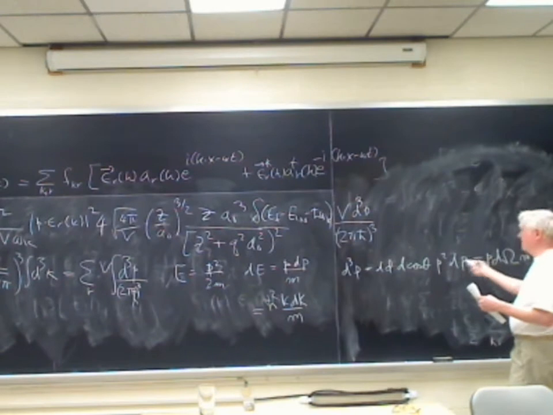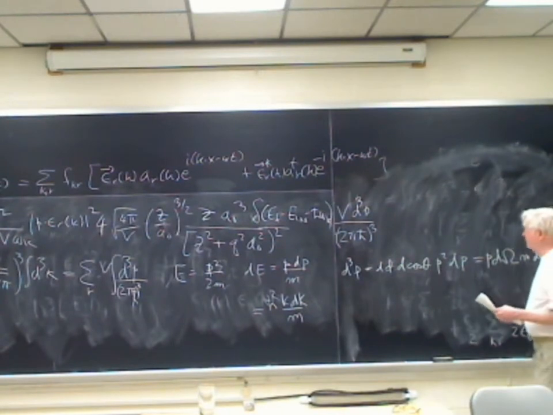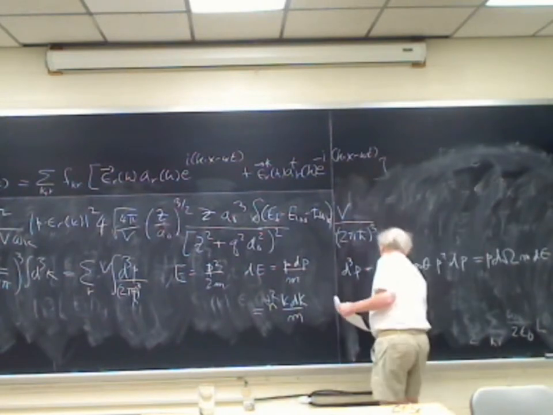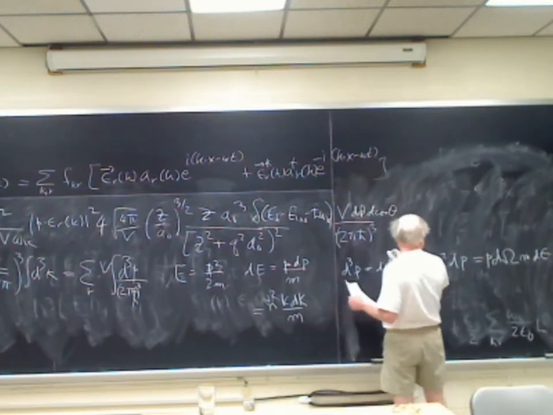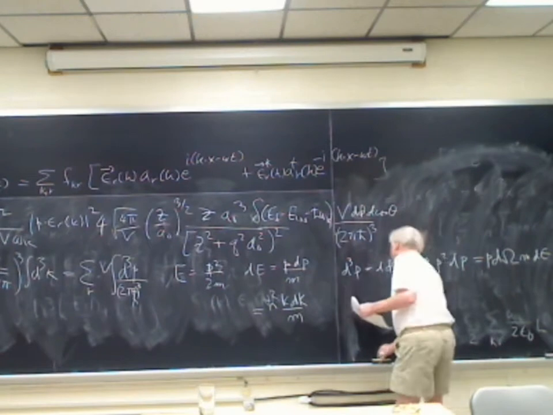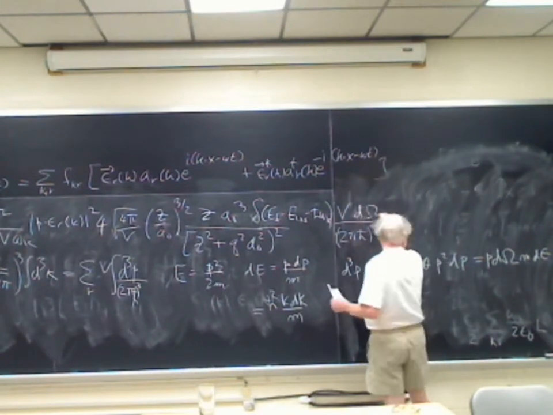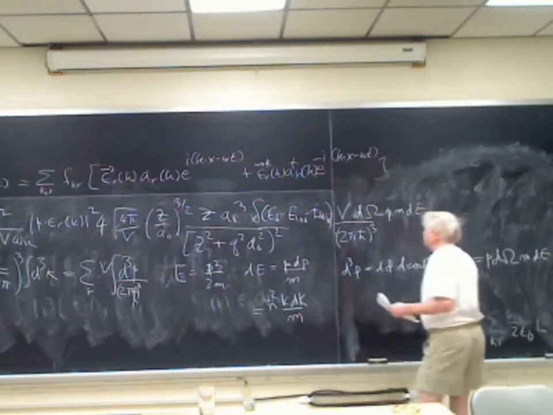So we have p squared dp, and so that's pm dE. All right, so that goes into here, and in fact we could stick it in there right away by just saying this is d omega p m dE final.